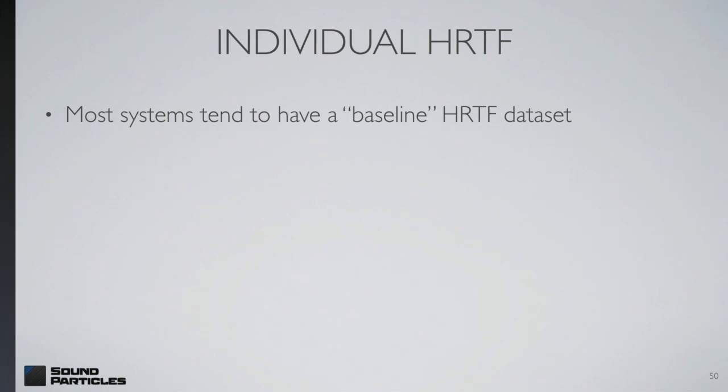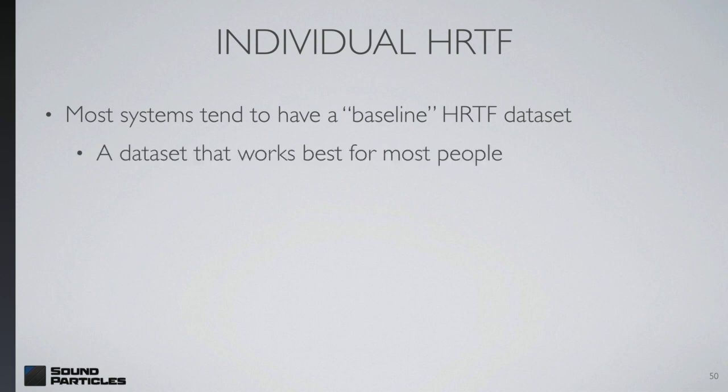Which means that most times what people try to do is use the baseline that is best for the maximum amount of people. For instance, 1 or 2 years ago, YouTube changed the data set they were using for binaural rendering because they found a new one that was slightly better for more people. So it's a data set that works best for most people.